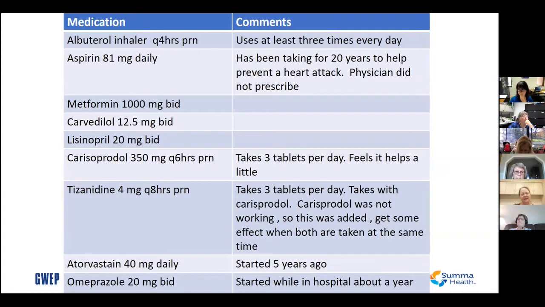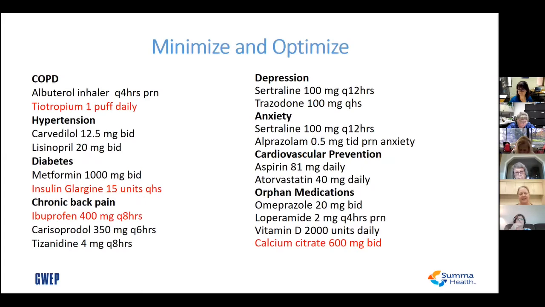So back to our example, when we interviewed the patient, there were several things that we found out. This is just a list. It was just a partial list, the first page of what we found out. And talking with the patient and finding out the history of why they're taking their medications and how they're taking their medications helps us also to optimize the medications. And I believe we're on the last slide here.